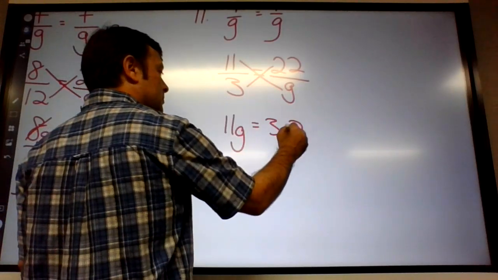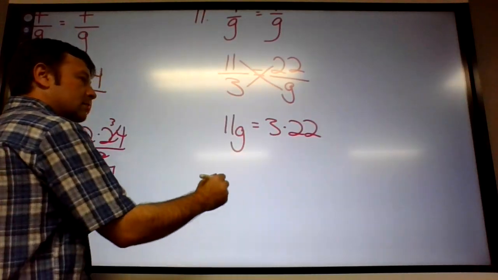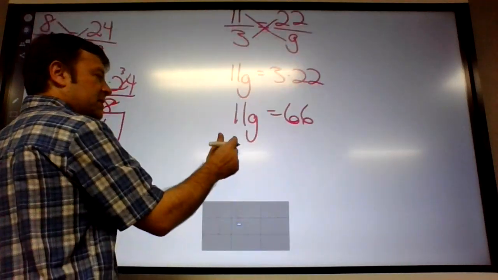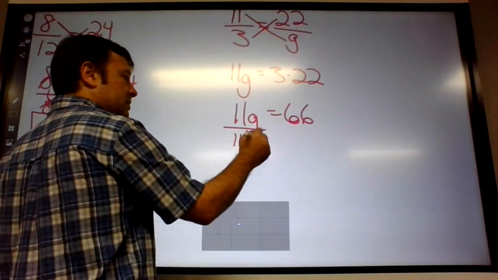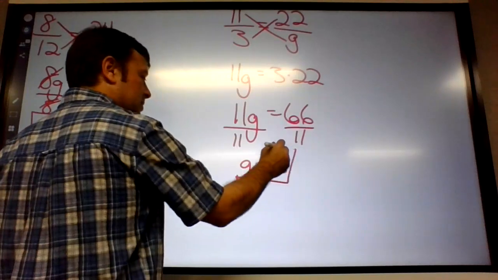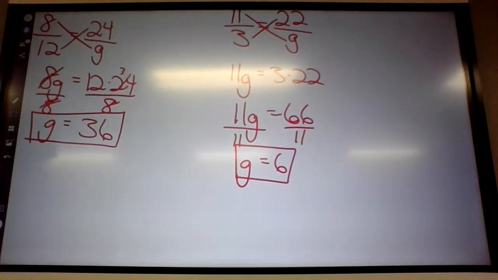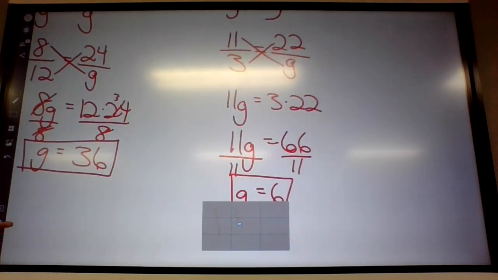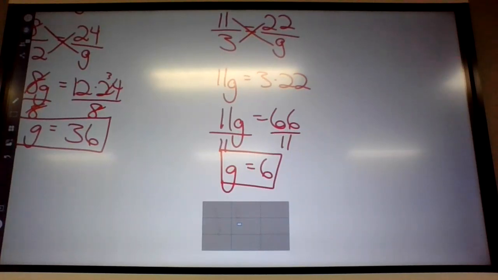Yeah, 11G is 66. You guys probably know this one. What's 66 divided by 11? Six. Smart. Wait a minute, hold on. I kind of forgot what I was doing. 11G equals 66. G equals 6.